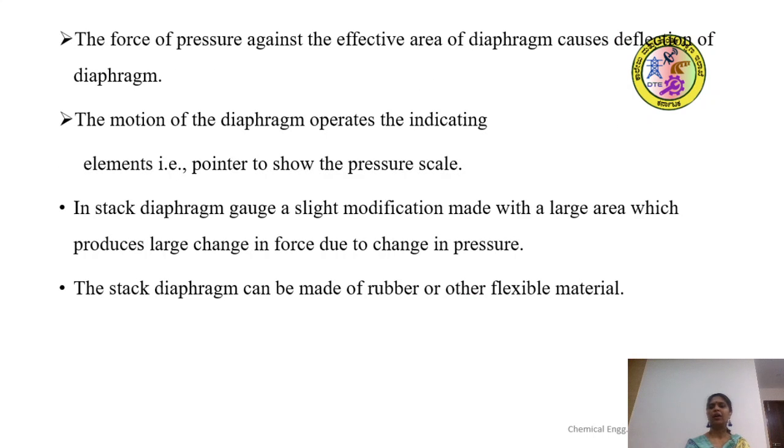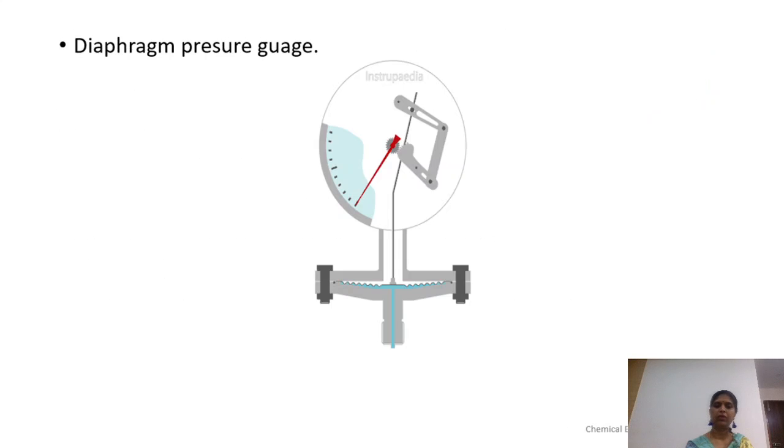It is usually made up of rubber or any other flexible material. Any change in the pressure will cause the movement of the diaphragm. The deflection of the diaphragm causes the pointer to move onto the scale.